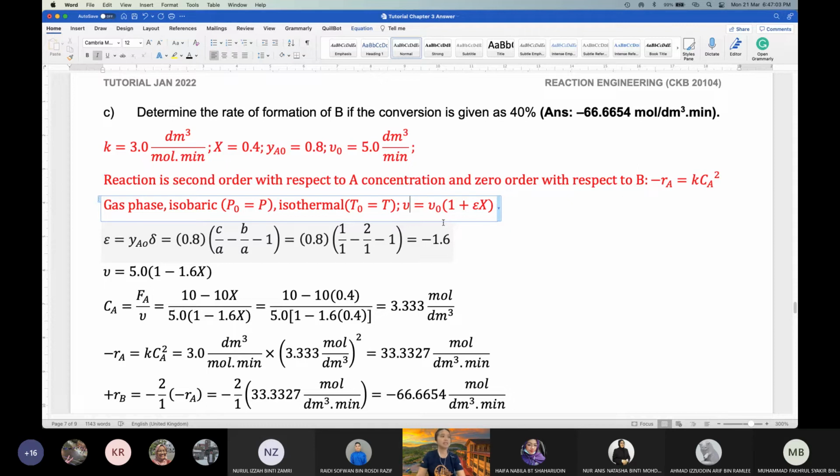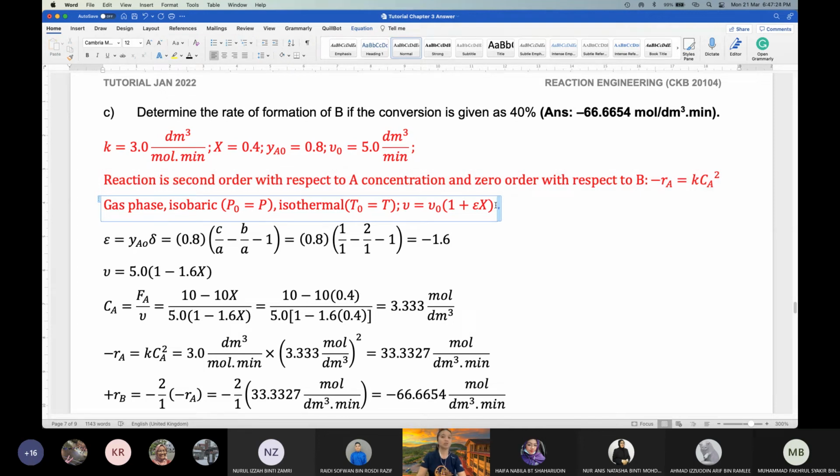If liquid, we stop here. If gas, the back part is added, the part 1 plus epsilon x, and technically it also has P0 over P, T over T0. Because in this reaction, it is isothermal, isobaric.